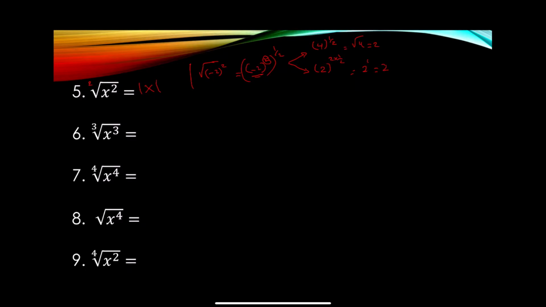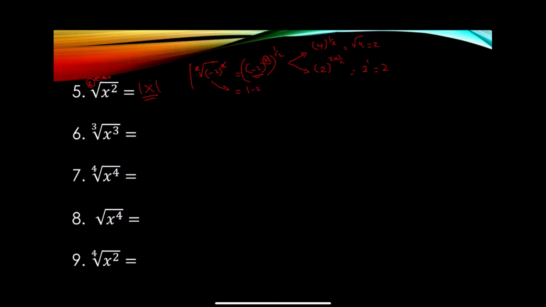That's why, in case of having an even degree, it doesn't matter if it is 2 or 4 or anything else, and you want to cancel this with this, first of all, you have to put the absolute value. So here, I can do it from the beginning. It is equal, cancel 2 with this 2.